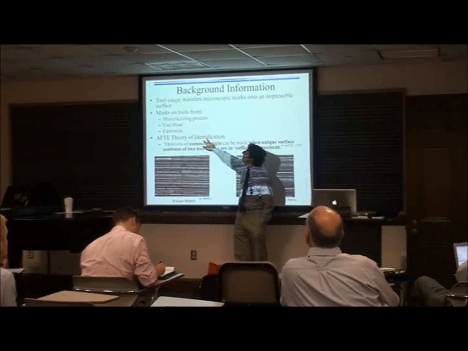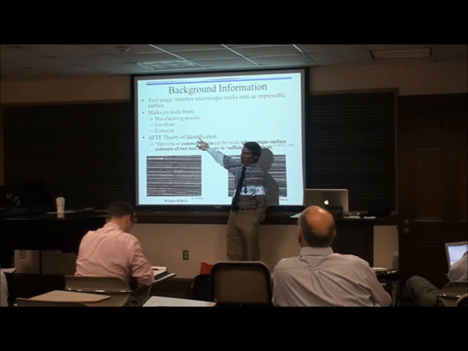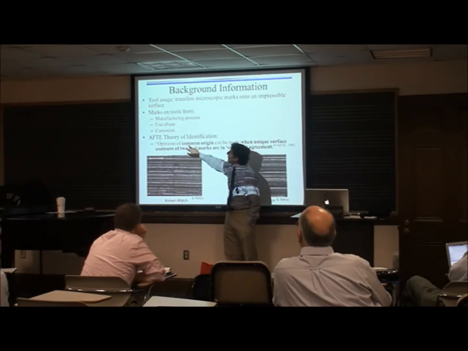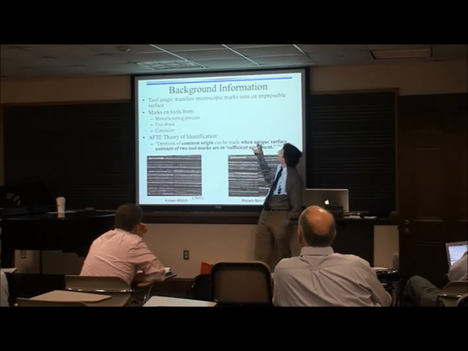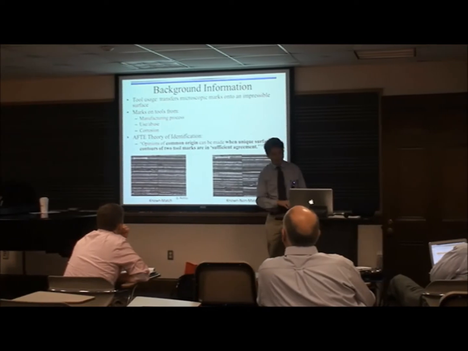And the Association of Firearms and Tool Mark Examiners is a governing body in forensic science, which really sets the standards for tool mark examination as it's practiced today. And their statement that opinions of common origin can be made when unique surface contours of tool marks are in sufficient agreement is something that we in my research group are trying to quantify. How do we do that if we have a bunch of surface data?